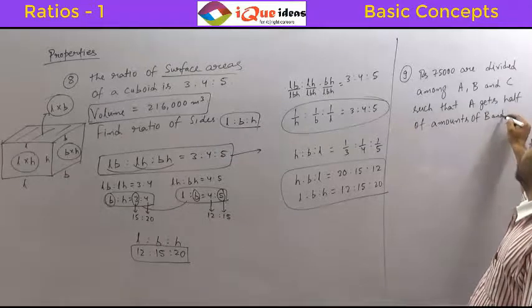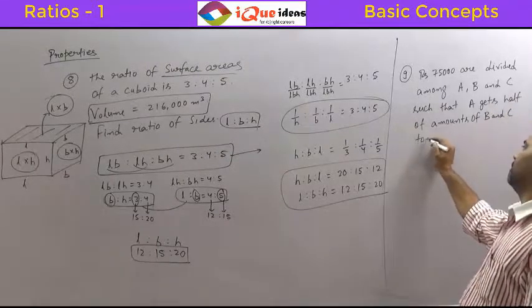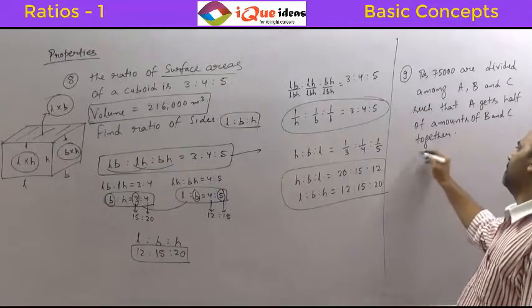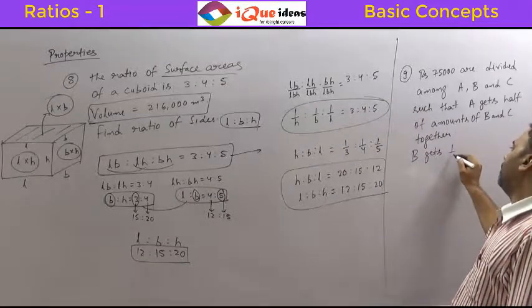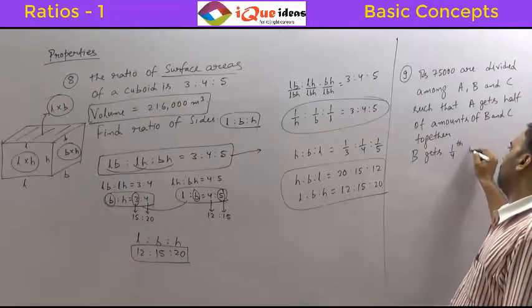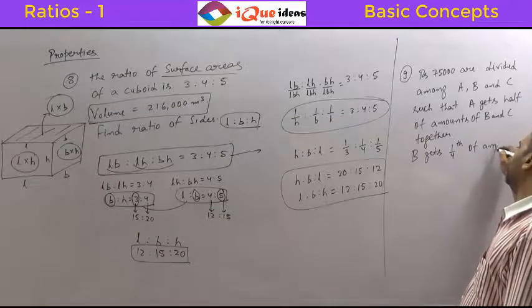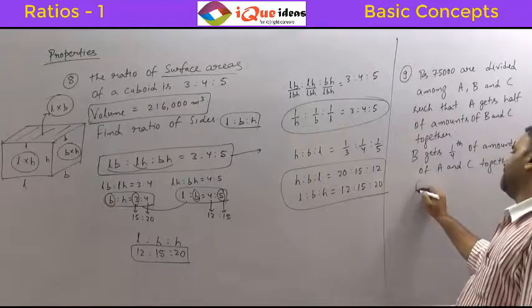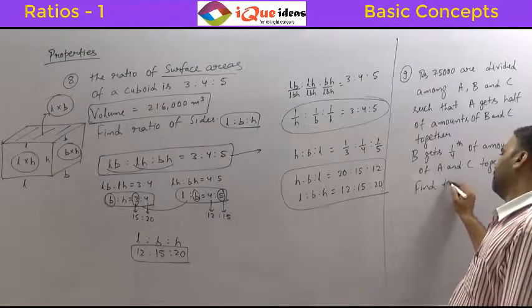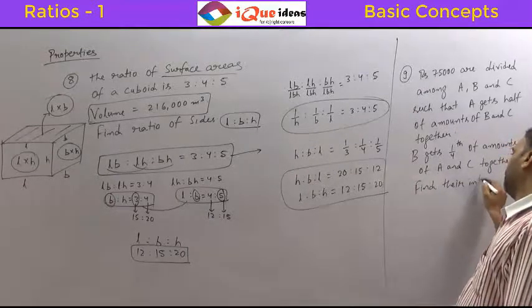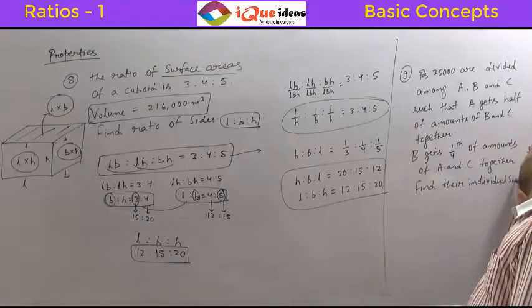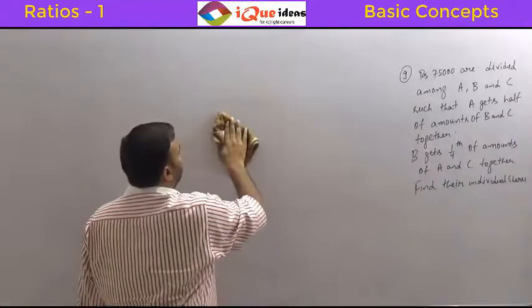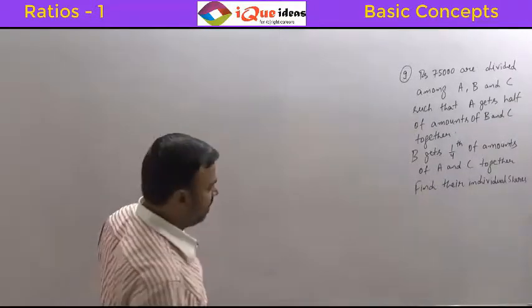B gets 1/4 of the amounts of A and C together. Find their individual shares. Just consider the amount of A as A, amount of B as B, amount of C as C.